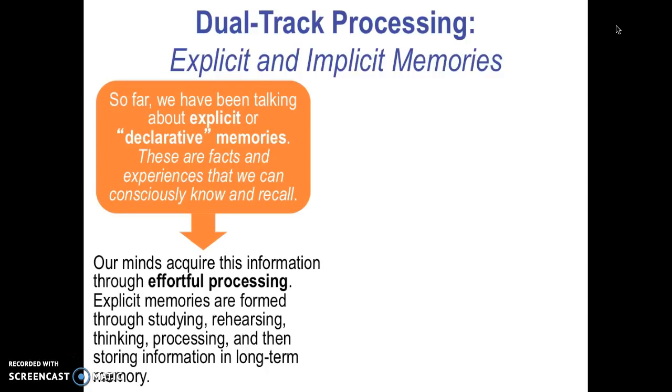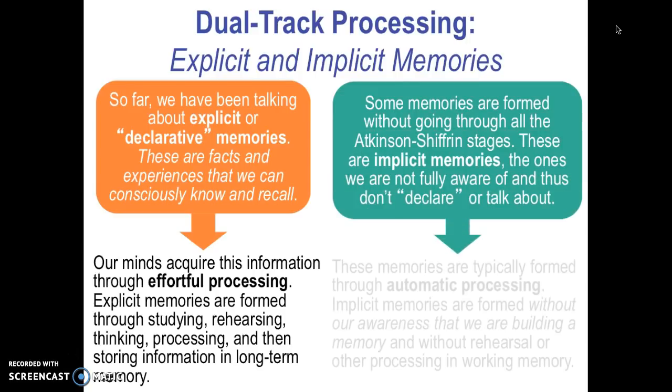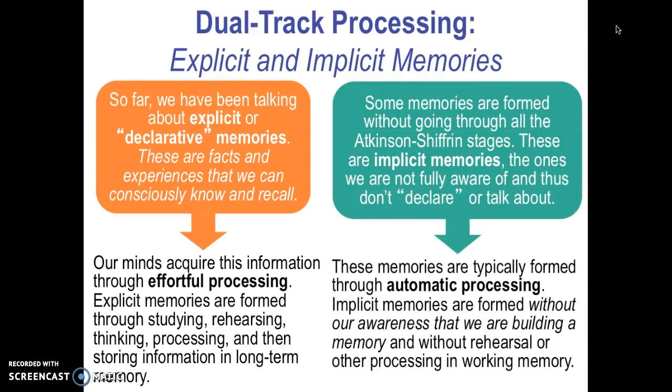This class, knowing all the vocabulary concepts, those are explicit memories. They take a lot of effort to put into our brain. Explicit memories are formed by doing effortful processing, and we're going to talk about what are the different effortful processing strategies today.